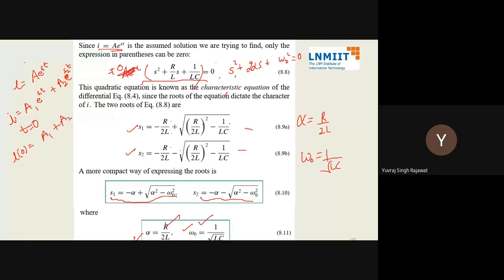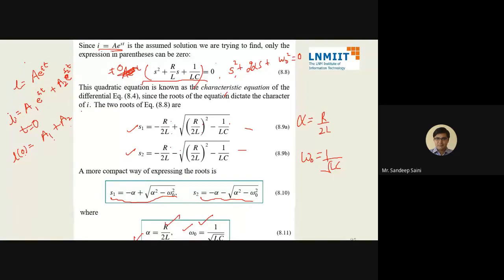See, e raised to power s1t, t is 0, e raised to power 0 is 1. That means I of 0 is A1 plus A2. We know the value of I of 0. It was given as the inductor current, right?